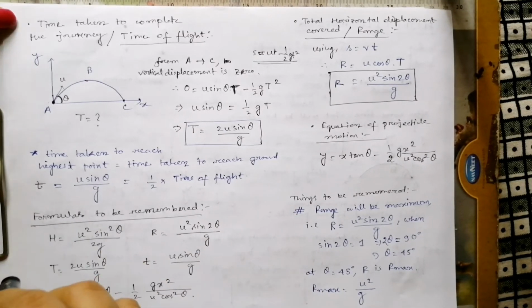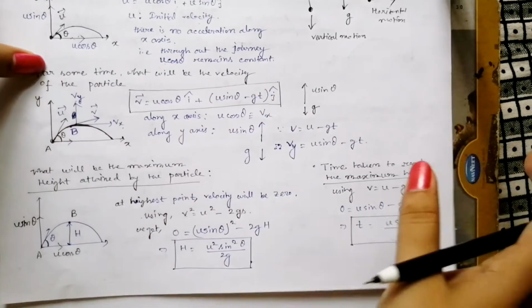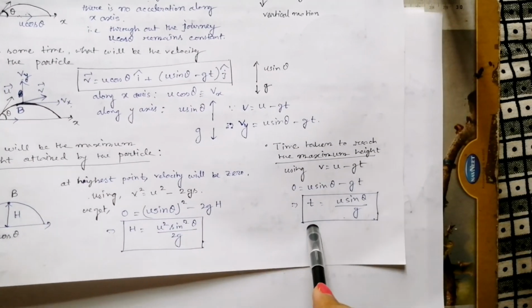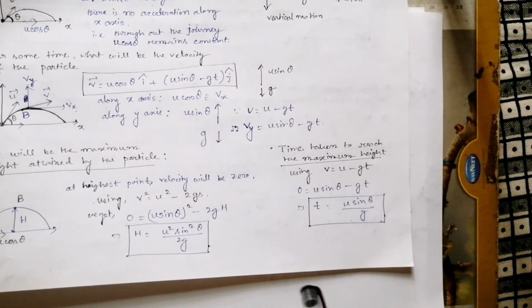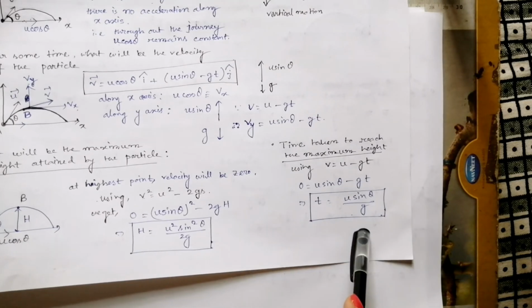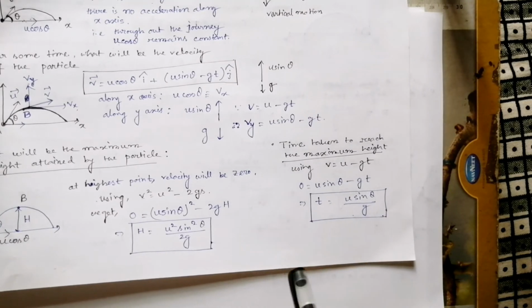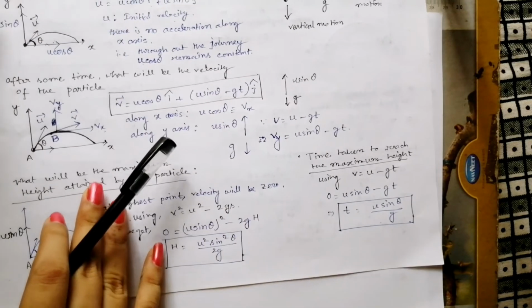Now can you relate something? In the previous calculation, what we got, small t, that was the time taken to reach the maximum height, it was u sine theta by g. But now for the time of flight I am getting 2u sine theta by g. So can I say that the time taken to reach the maximum height is just half of the time of flight?